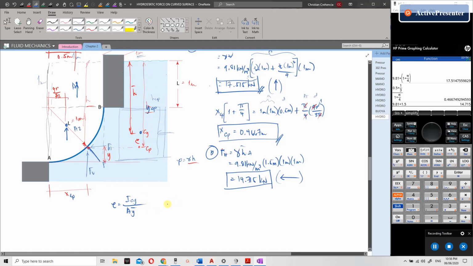So HCP is equal to the moment of inertia about the liquid surface over area times y bar.